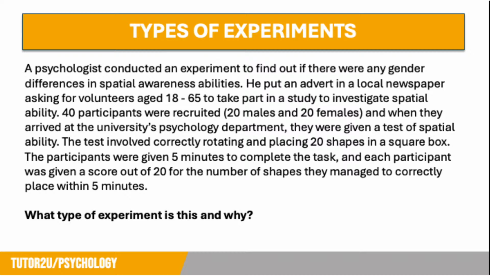So 40 participants in total, 20 males, 20 females. When they arrived at the university psychology department, they were given a test of spatial ability. The test involved correctly rotating and placing 20 shapes in a square box. The participants were given 5 minutes to complete the task, and each participant was given a score out of 20 for the number of shapes they managed to correctly place within 5 minutes. So again, I want you to think about what is the experiment being described here, and most importantly, why? Why is it that type of experiment?